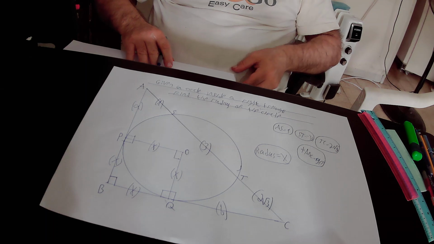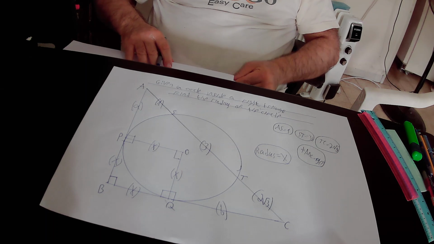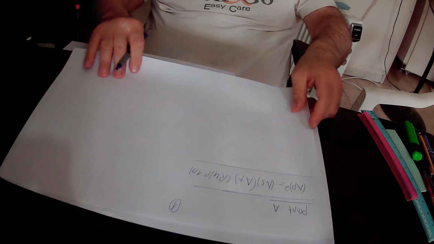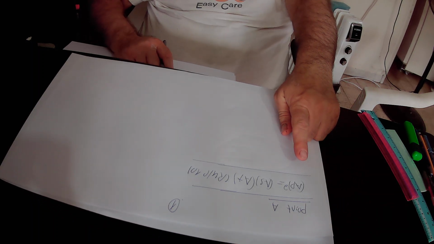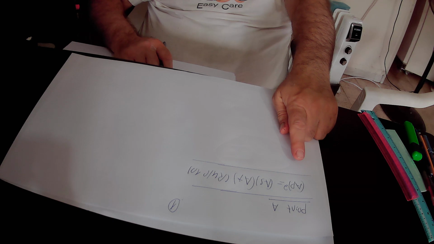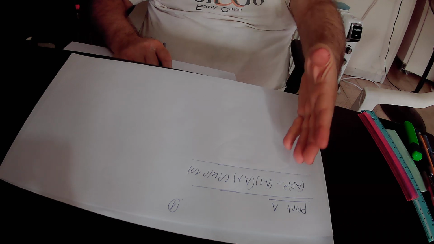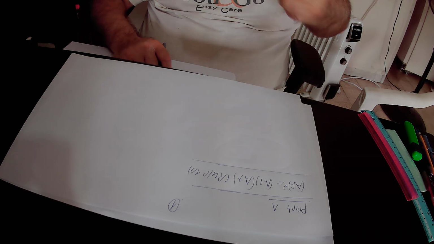Repeat again. According to Rule 10, if you focus on the common external point A, the following equation will be true, that AP square equals AS times AT. So this equation is the implementation of Rule 10 in our drawing.